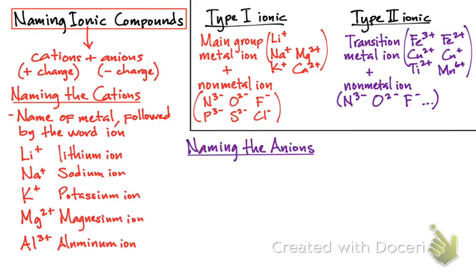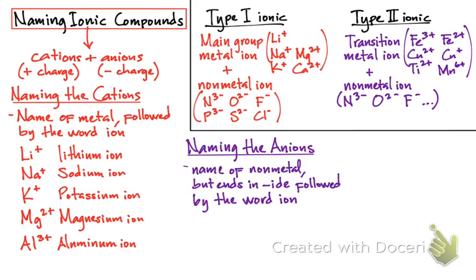What about anions? How do we name these anions? So it's actually a little bit different compared to cations. You can't just say oxygen ion or nitrogen ion. So what you do is you name the nonmetal, but it ends in IDE. So the suffix changes to IDE followed by the word ion, right?